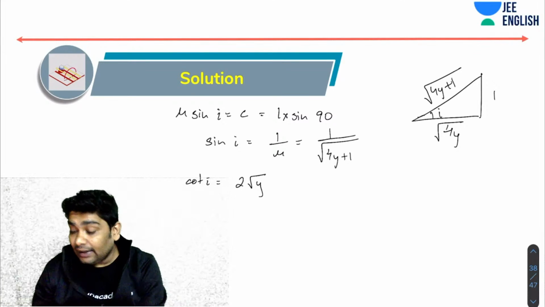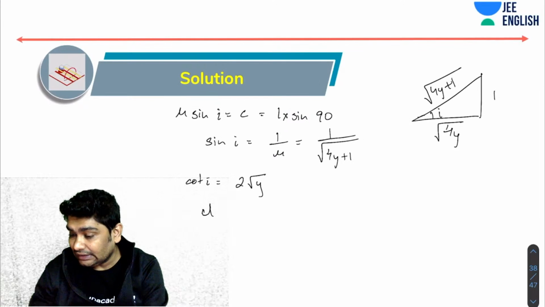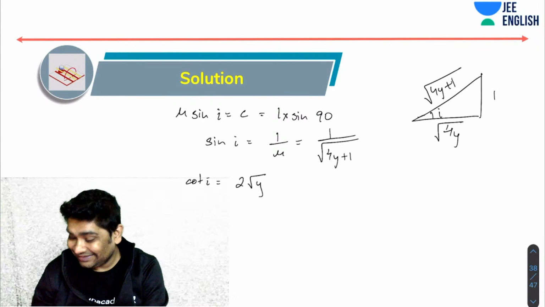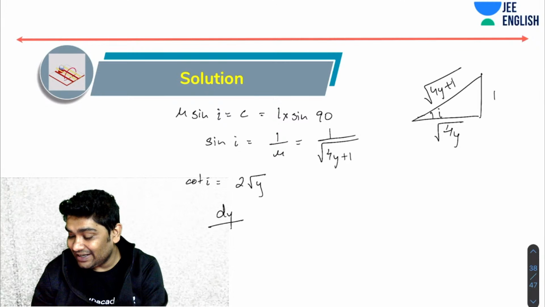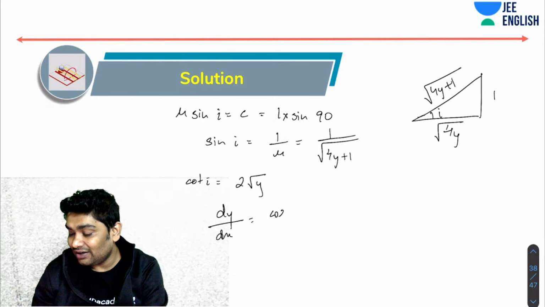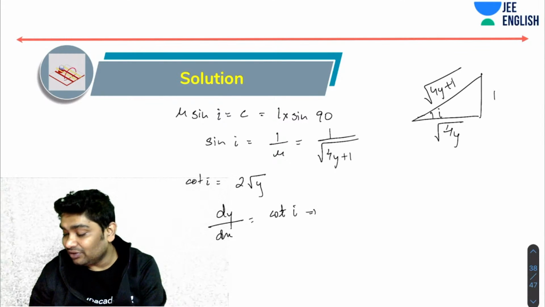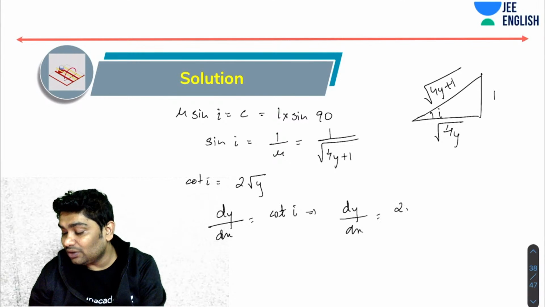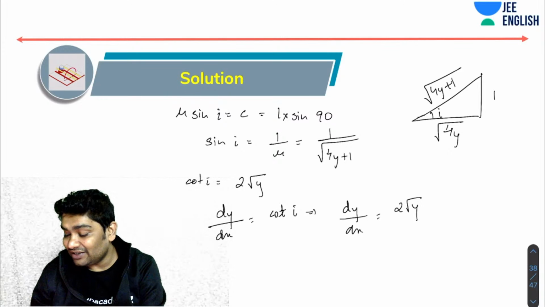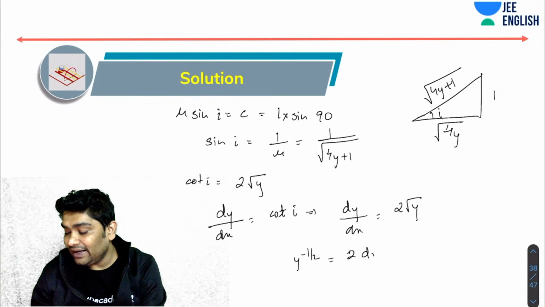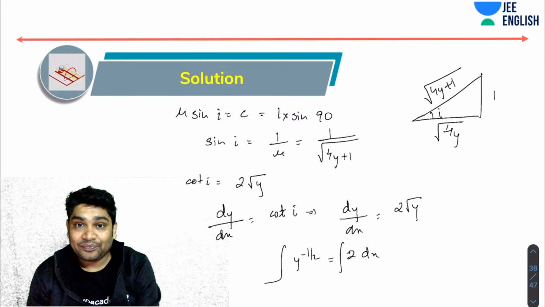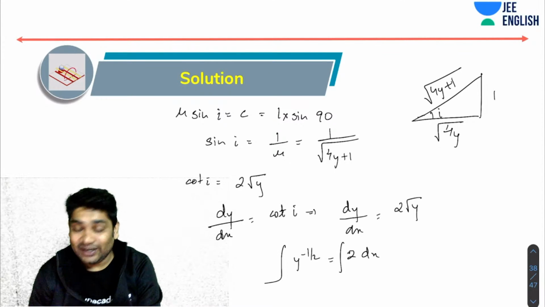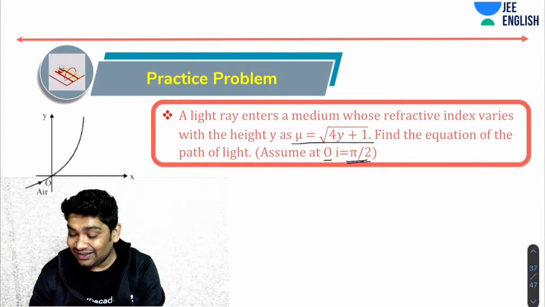And I also know dy over dx equals cot I. So dy over dx would be equal to 2 root y. So what I have is y to the power minus half dy equals 2 dx. So if you integrate this, now it passes through 0 comma 0. Okay, the curve passes through 0 comma 0.